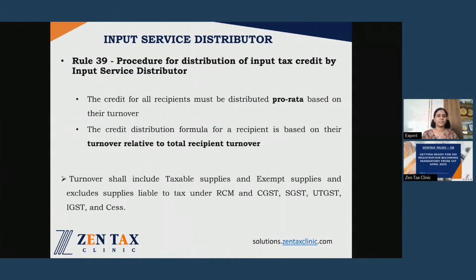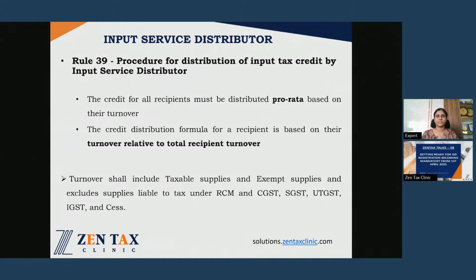As we saw, the credit for all the recipients must be distributed on a pro rata basis based on their turnover. The credit distribution formula for the recipient is based on their turnover relative to total recipient turnover. That is the total turnover of the organization, and the recipient's relevant turnover will be determined for determining the ratio for allocation.